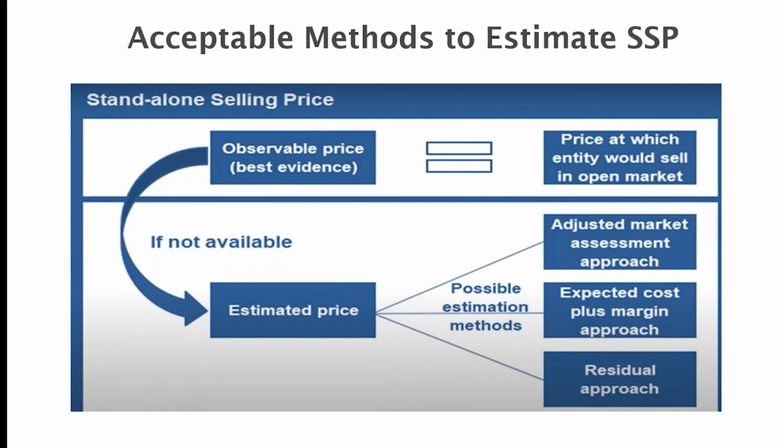The second methodology is the expected cost plus margin approach. This is, as I said many times in our previous webcast, the most acceptable, and the answer is why? Because it's the most convenient for companies.